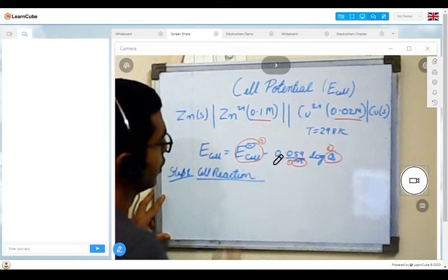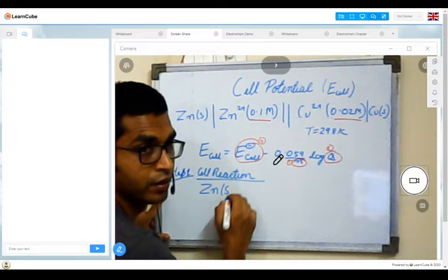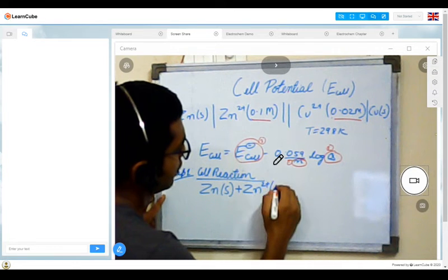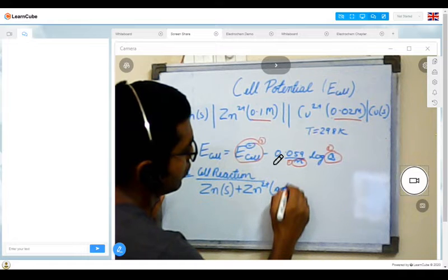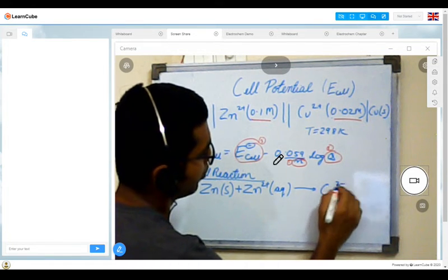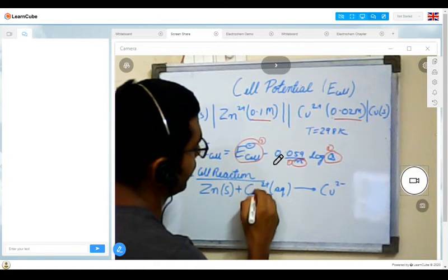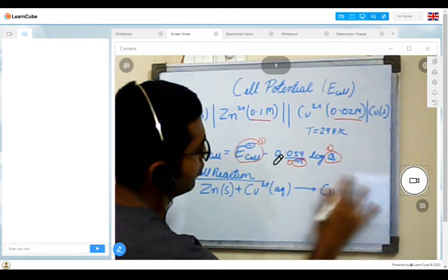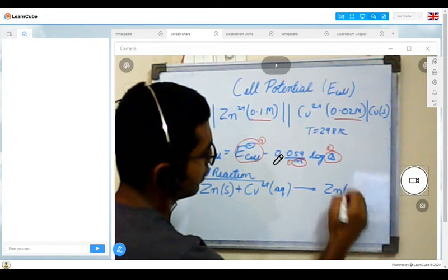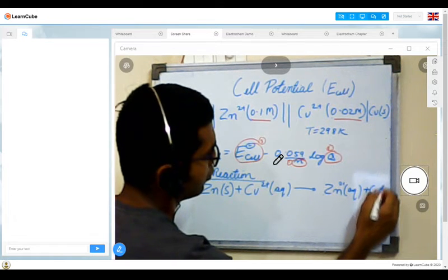So the cell reaction is what? Zn solid plus Cu2+ aqueous changing to Zn2+ aqueous and Cu solid.